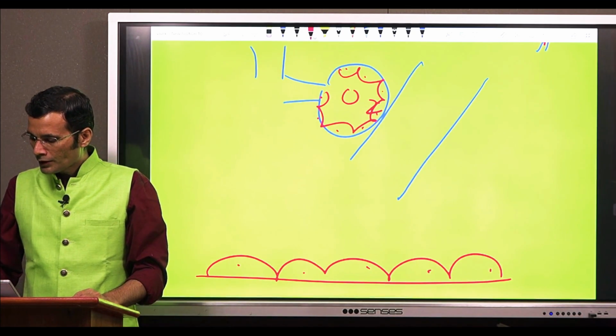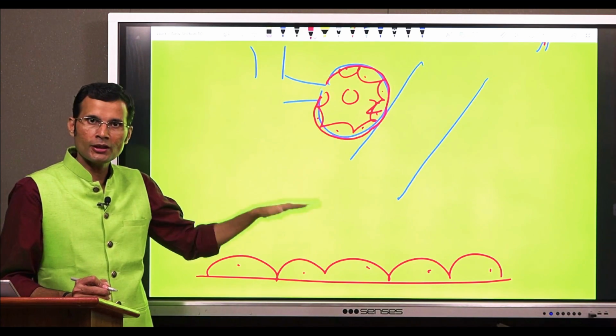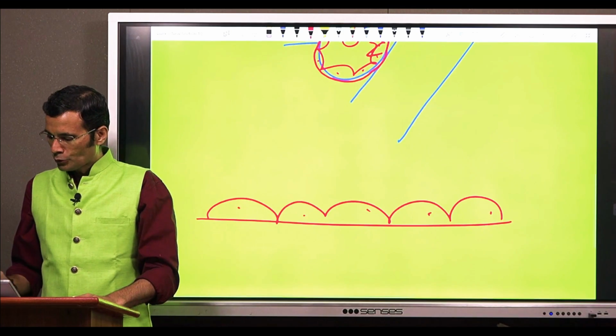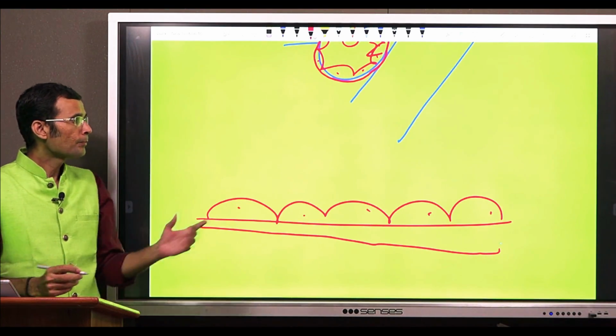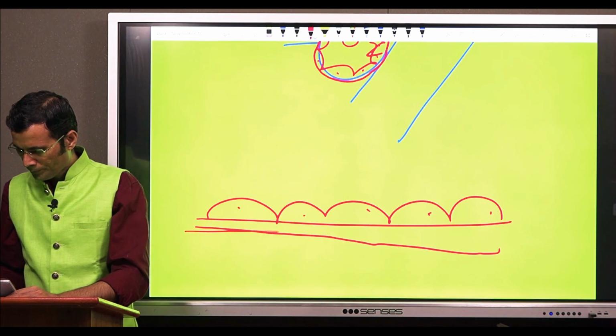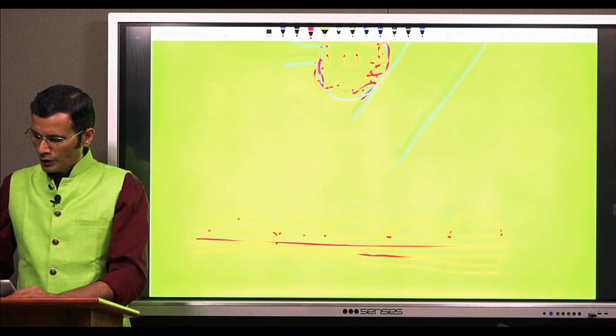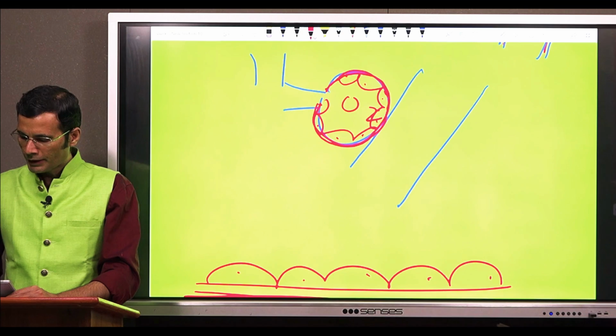Then next, the basement membrane on which these epithelial cells are based. So, second layer is of the basement membrane. That is the basement membrane for the alveolar epithelial cells.